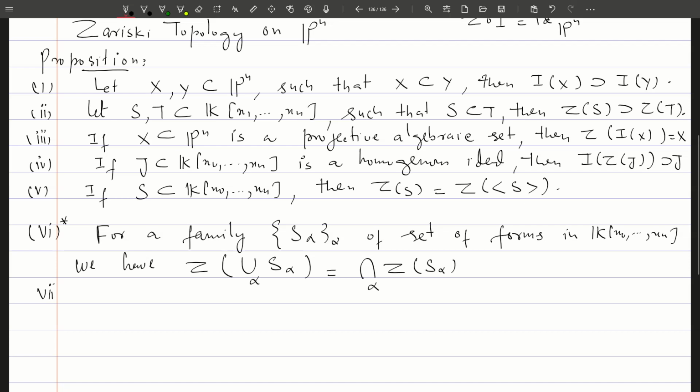And finally for the seventh item, let S and T be sets of forms in the polynomial ring.